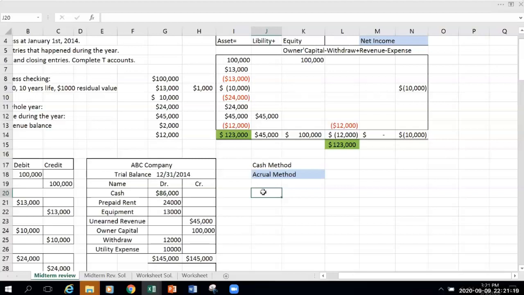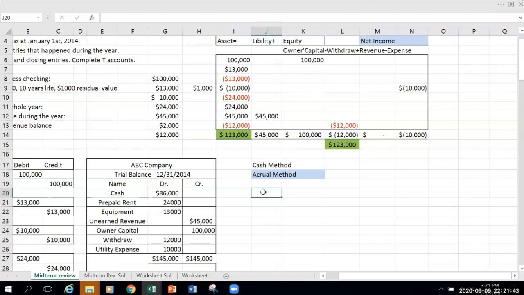You use amortization expense for any asset that is intangible. Let's say you want to amortize your patent. You want to amortize your franchise right. Those are amortization. You don't call it depreciation. Depreciation is for something that is tangible.